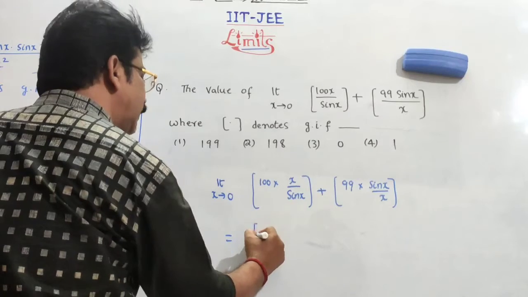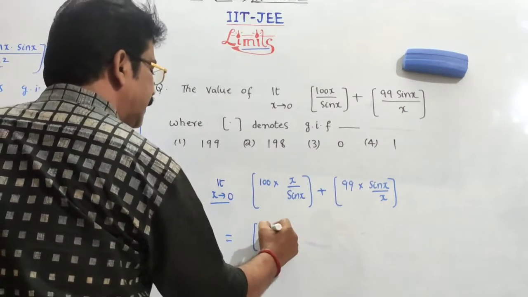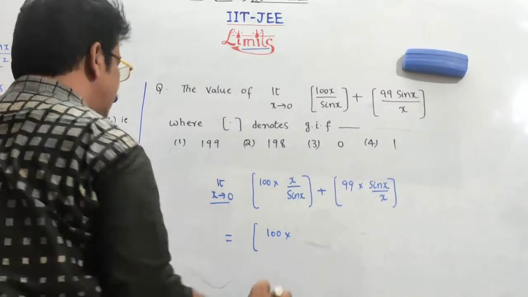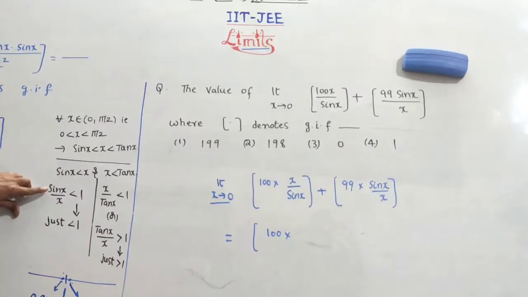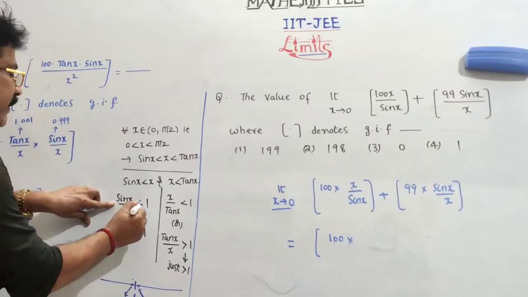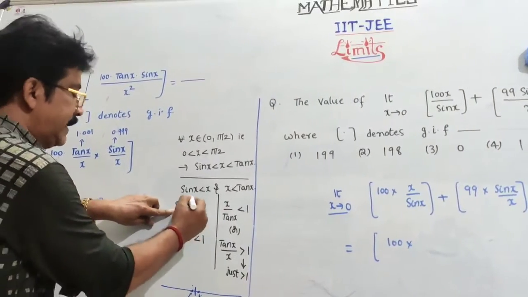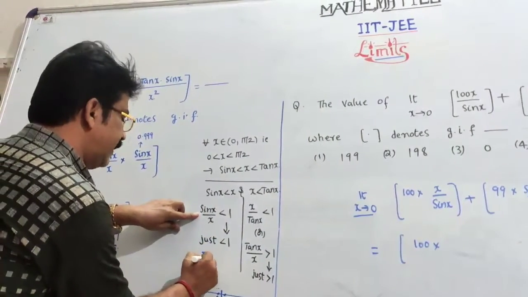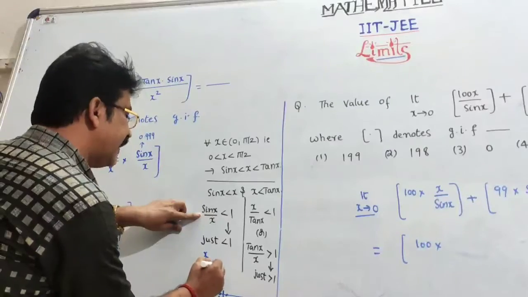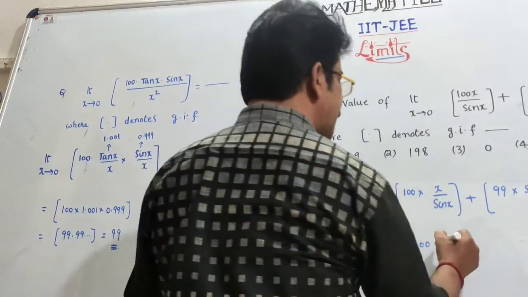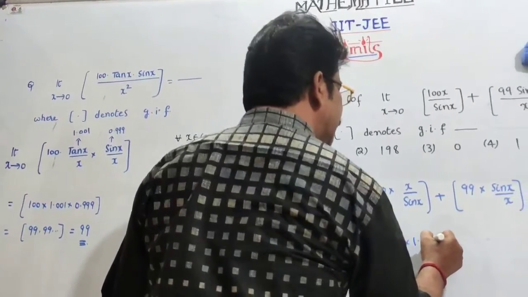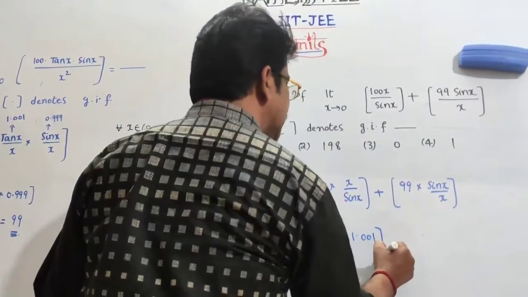So that is equal to, as x tends to 0, this value 100 into x divided by sin x. Here you come here. Sin x divided by x is less than 1. Its reciprocal, x divided by sin x, is greater than 1. Greater than 1 means, as I already said, just greater than 1, 1.001, like that.